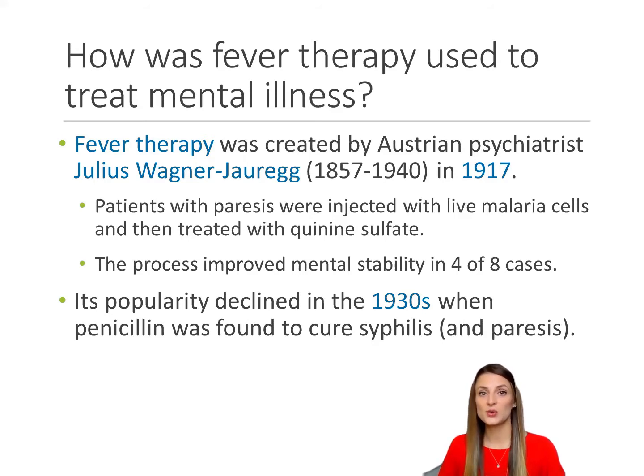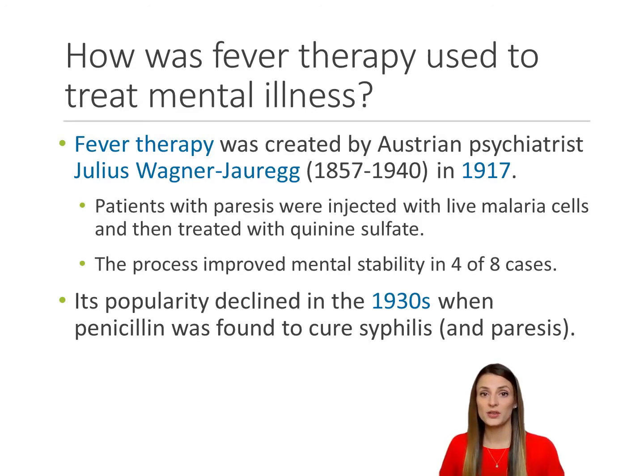Once his patients were injected with malaria, they suffered from an intense fever for several days. Once the fever passed, 50% of his 8 patients seemed to have fewer symptoms related to the psoriasis. He concluded that the fever in and of itself was what caused the reduction in symptoms.